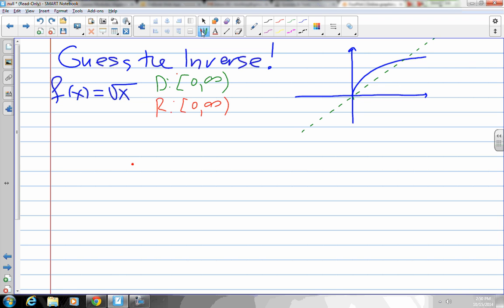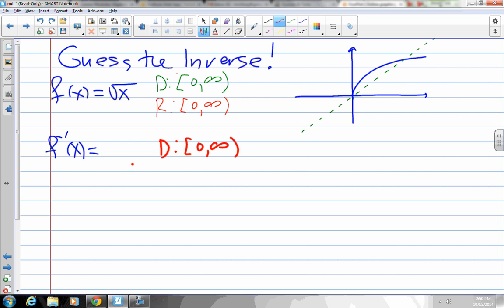We also know that the inverse of this function exists because it's a one-to-one function. It's got to have an inverse. I know the domain and the range of that inverse. Remember how the range becomes the domain and the domain becomes the range? Because they're the same, I'm going to color code it. The domain of this function is from 0 to infinity.